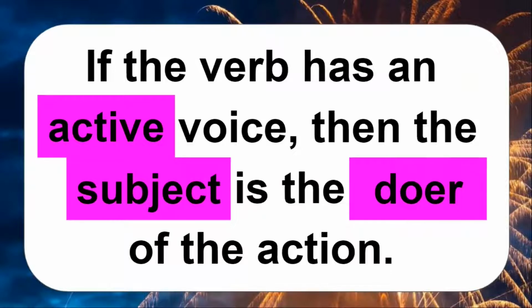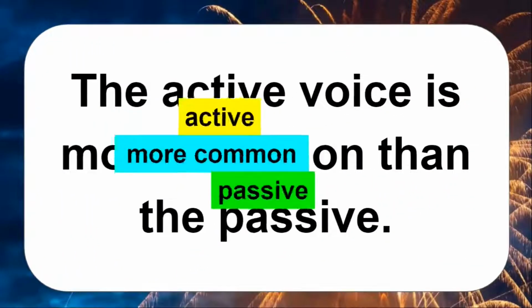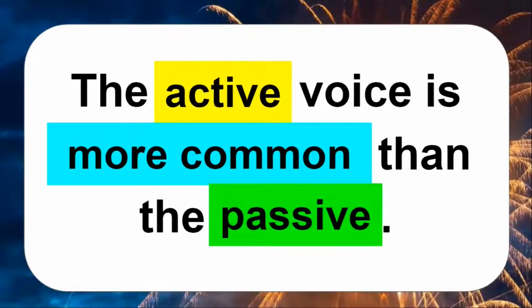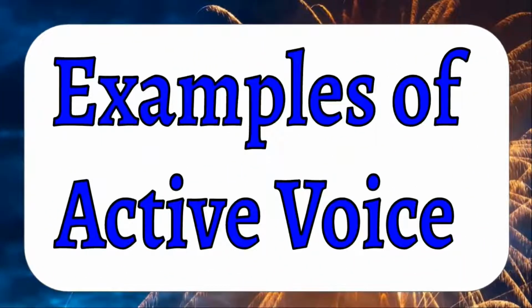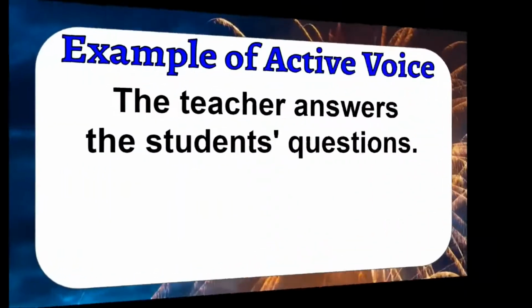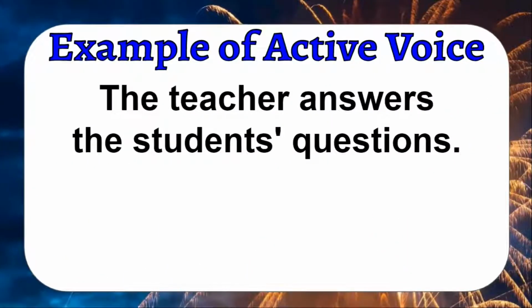If the verb has an active voice, then the subject is the doer of the action. The active voice is more common than the passive. Let's look at some examples of active voice. The teacher answers the students' questions.